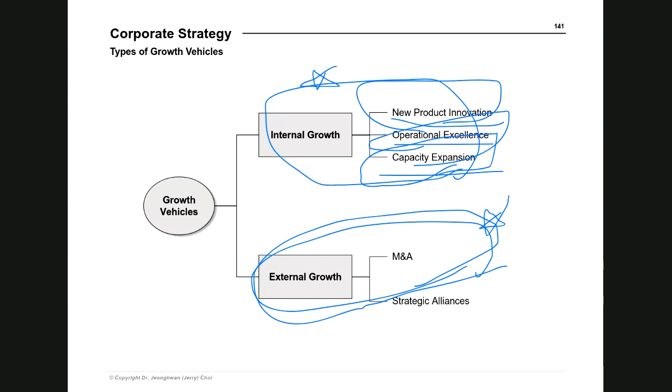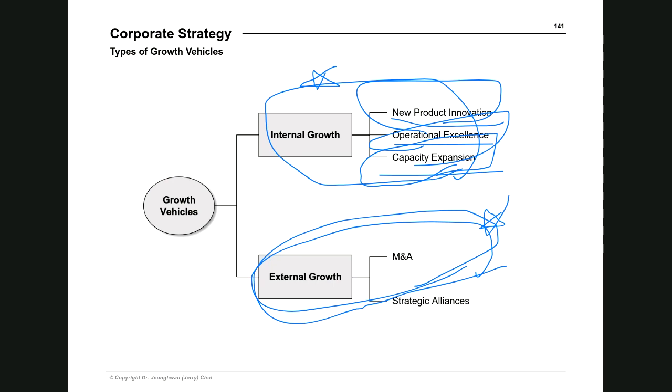Just remember, business grows throughout eating others. So M&A is one of the best and most popular strategies to make sustainable business growth, a corporate strategy.